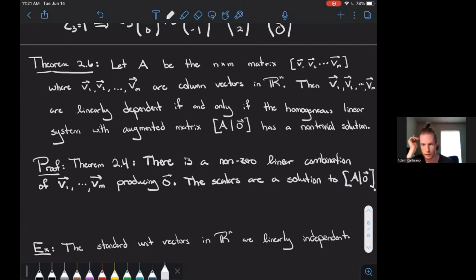Then by definition, those vectors are linearly dependent, right? So you just have to do a little bit of mind twisting, but the amount of things that we have to say is very small for this proof. It's a very interesting proof. But I don't want to get bogged down in the proof of this theorem.